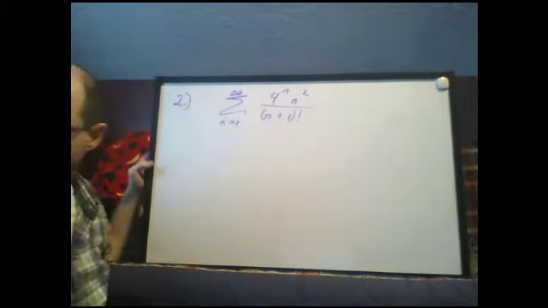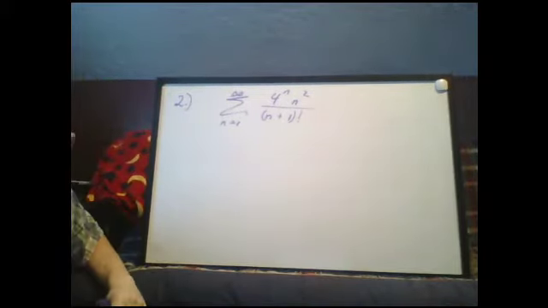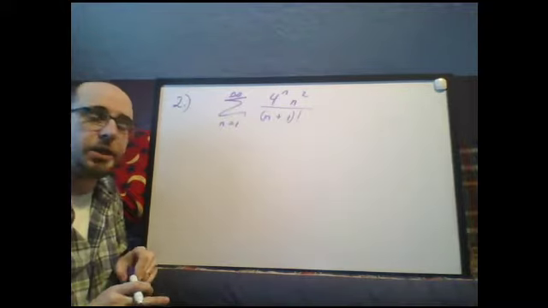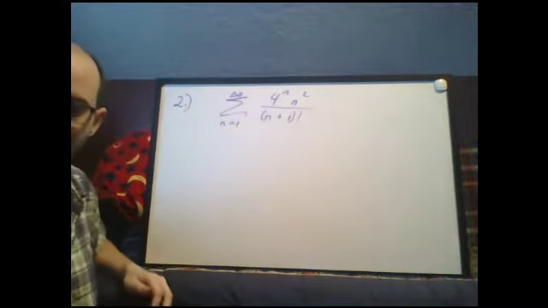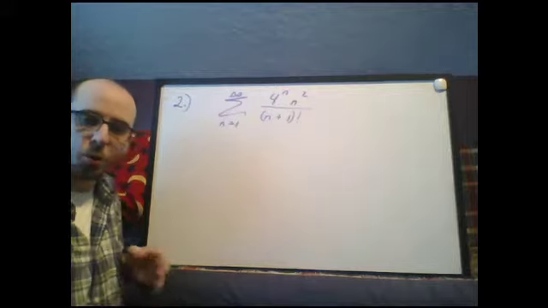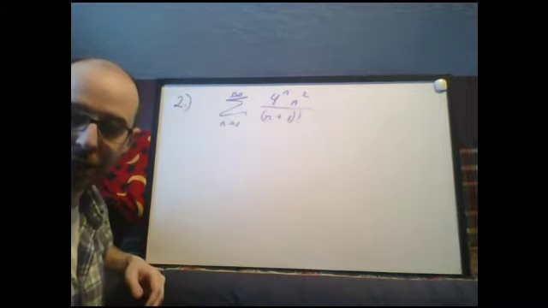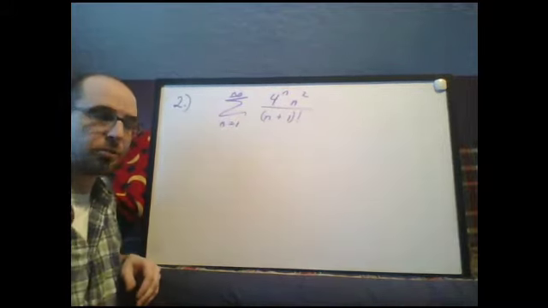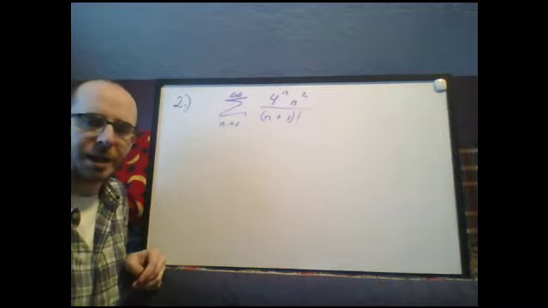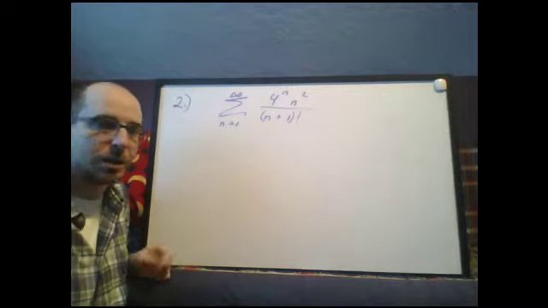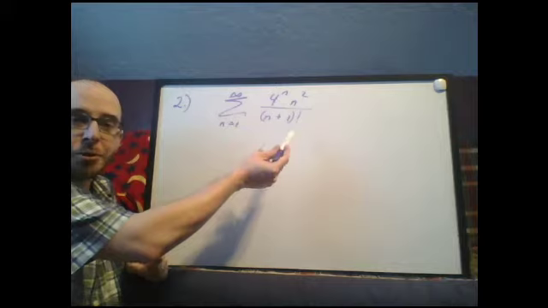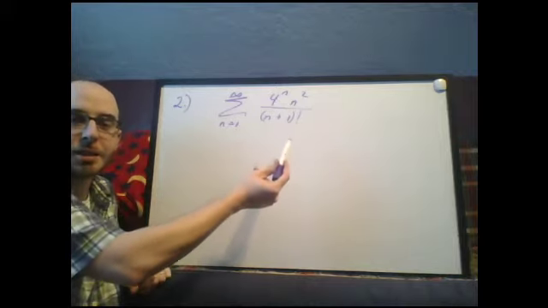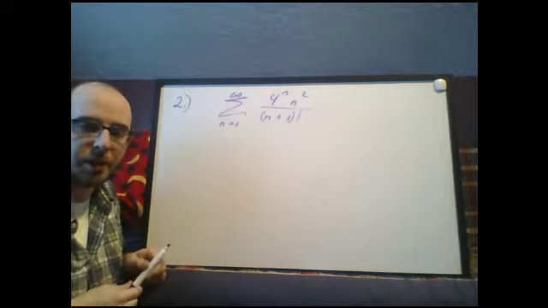All right, so like I've said before in the lectures, ratio tests and root tests kind of go hand in hand. If one of them works, the other one technically will also work. If one of them fails, the other one will also fail. So it's just a matter of picking which one is easier for the given series. If you've got an n factorial or something similar, chances are the ratio test is easier.